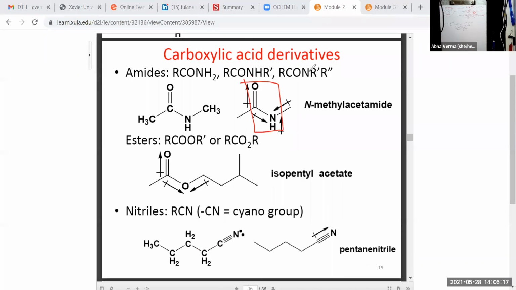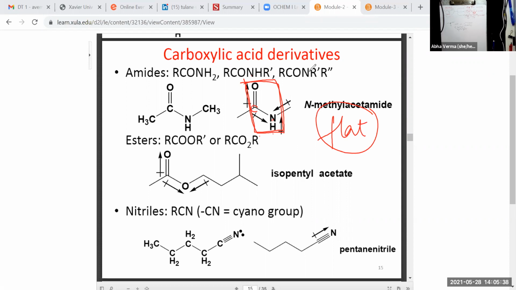This part, even though this nitrogen is sp3 hybridized, is actually a flat part. And this part is the basis for the formation of all the peptides and all the proteins and part of our DNA also.